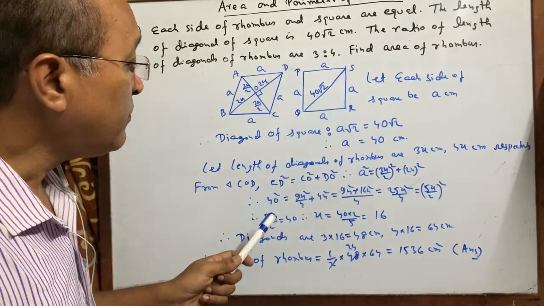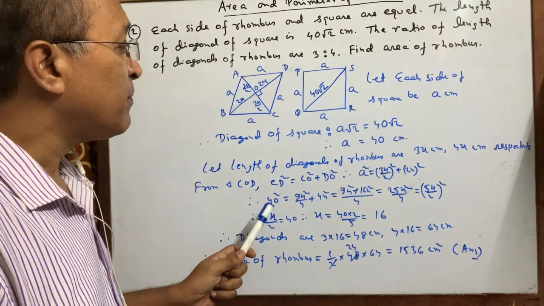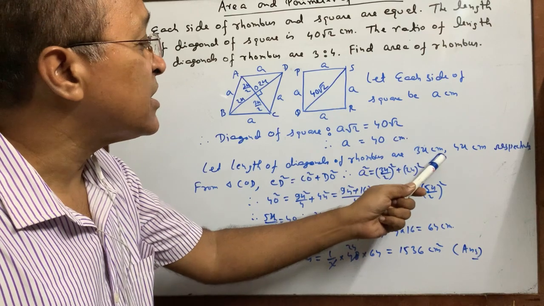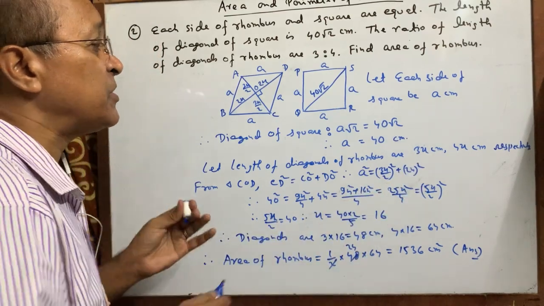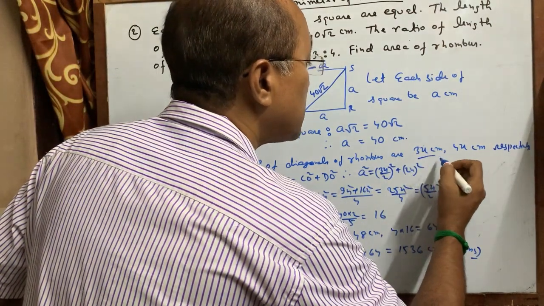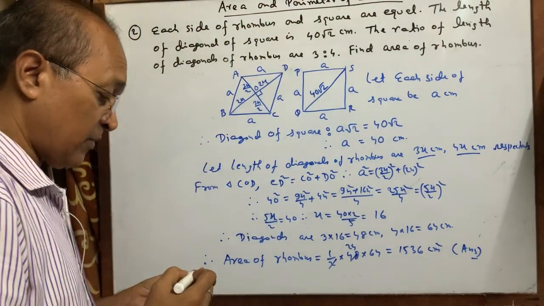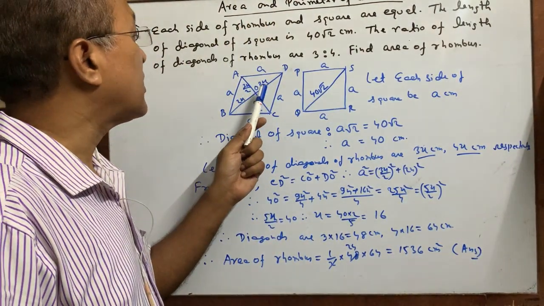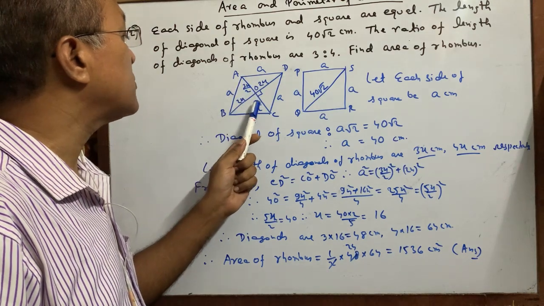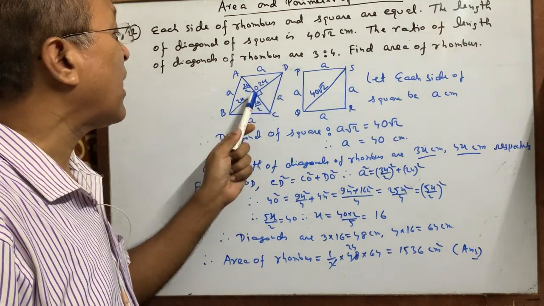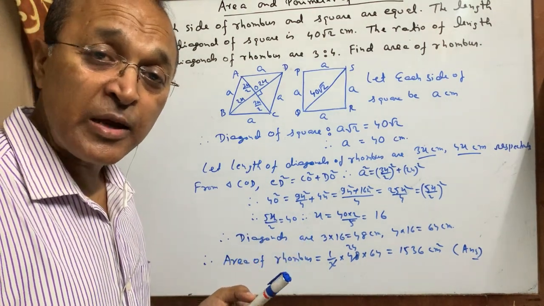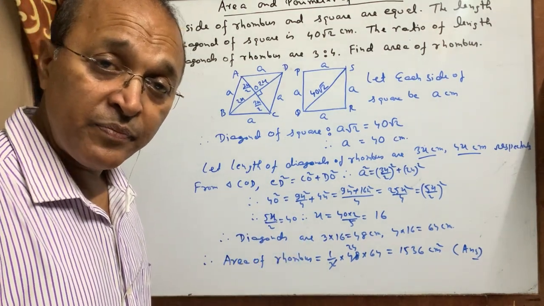Now considering diagonals of rhombus as 3x centimeter and 4x centimeter, they are being bisected, so it becomes 2x, 2x, and 3x by 2, 3x by 2. Now triangle COD being a right angle triangle, we can easily implement Pythagoras theorem.